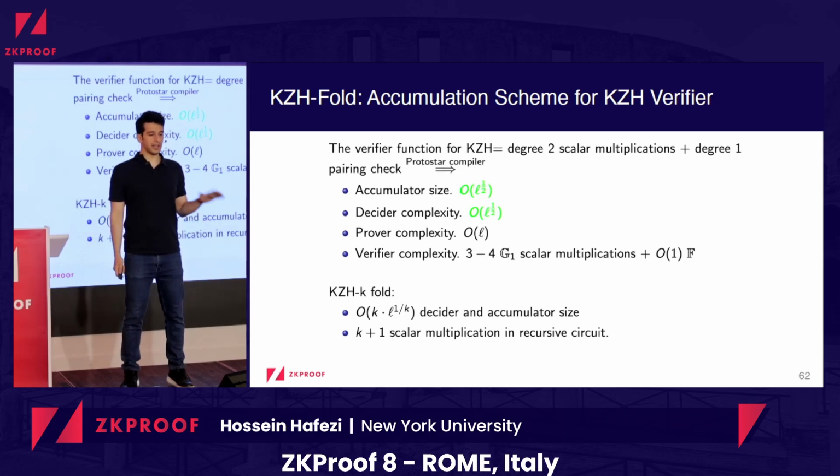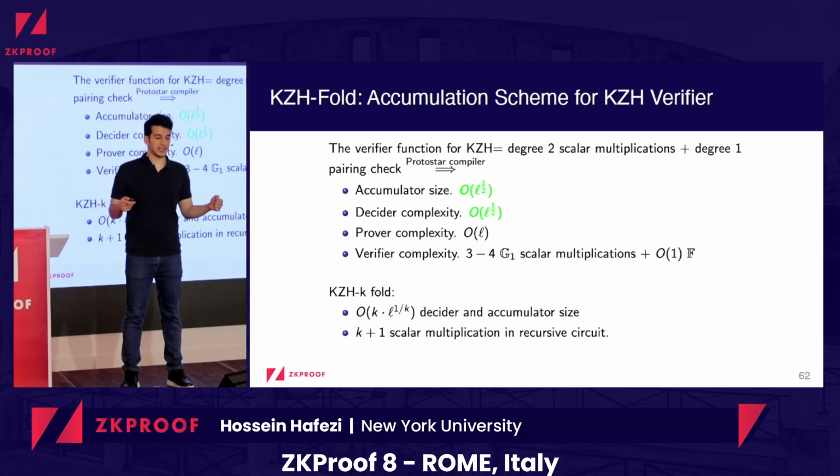So I don't want to get into details of KZH-Fold. KZH-Fold is using the Protostar compiler to build an accumulation scheme for the KZH verifier, such that the accumulator size will be square root and the decider time will be square root as well, whilst the verifier complexity, which has to be implemented in the circuit, is pretty much comparable to Nova.